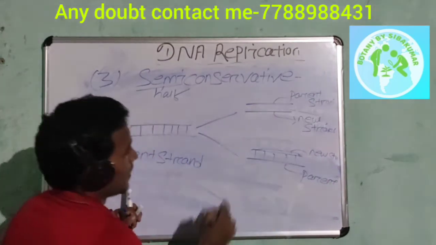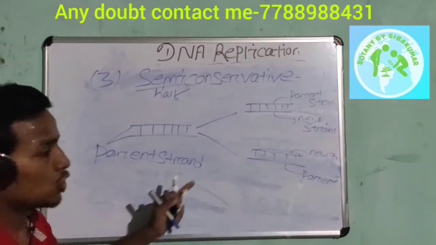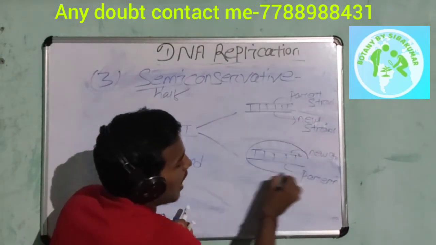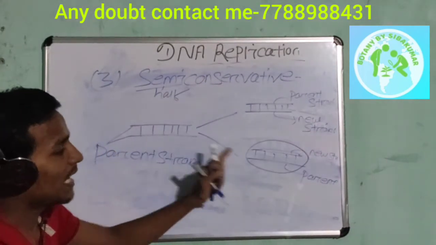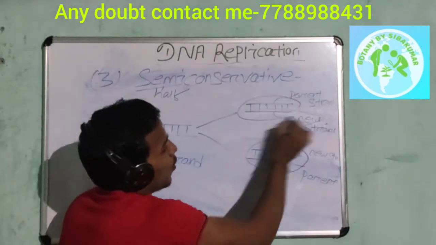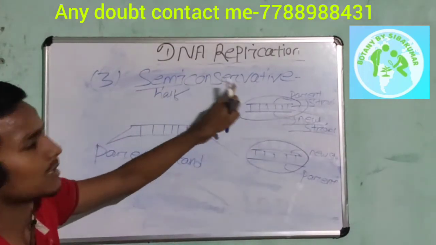That means semi-conservative DNA replication says that two new DNA molecules are formed and each DNA molecule has one parent strand and one new strand. Each daughter molecule has one parent strand and the other is a new strand. This is known as semi-conservative.